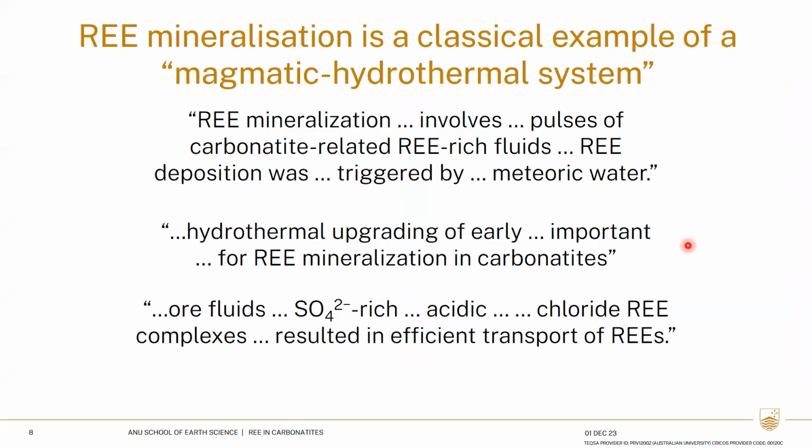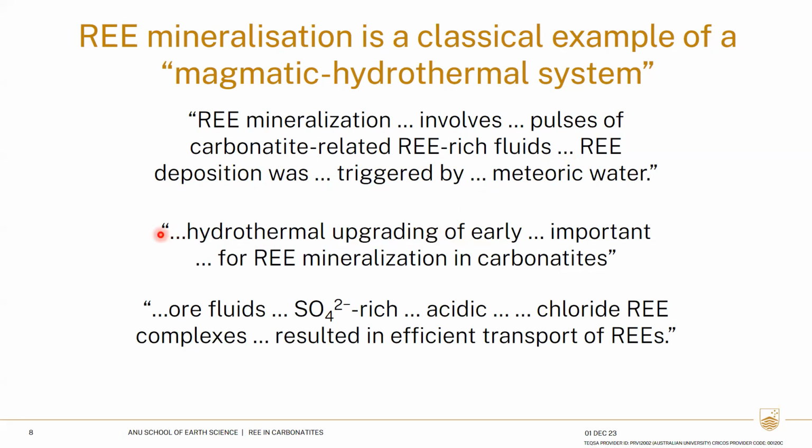Okay, so this is an idea that's very common in the literature, and this is quoting from the abstracts of 3 papers on mineralization in carbonatites published in the past 2 or 3 years. In here we have mineralization, and then you have pulses of carbonatite-related rare element rich fluids. So you have the carbonatite, then you have other fluids that made the mineralization, and you deposit the elements because you have some meteoric water.